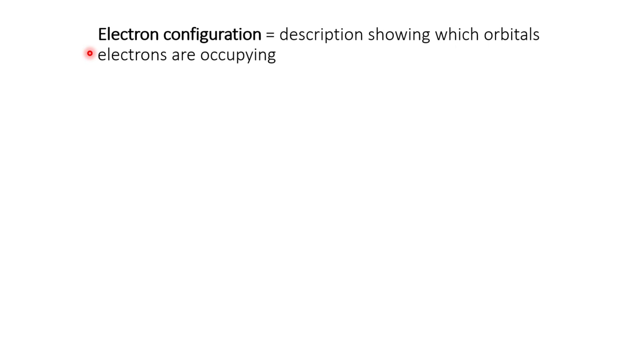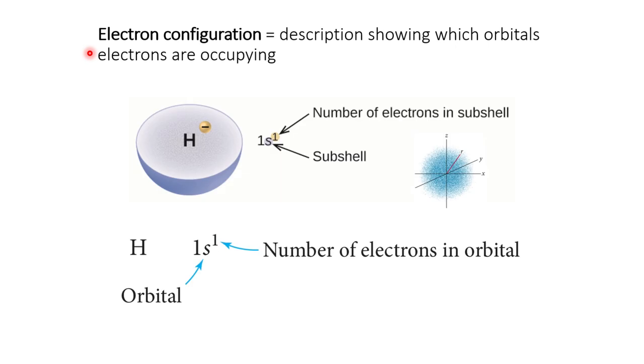So just to give you a brief overview of the vocabulary that's important, we're talking about the orbital and then the number of electrons in the orbital. So the orbital is a letter and the number of electrons is a number and it is a superscript. And the 1s would be the orbital, so it's in the s subshell, first level, so our principal quantum number is a 1.